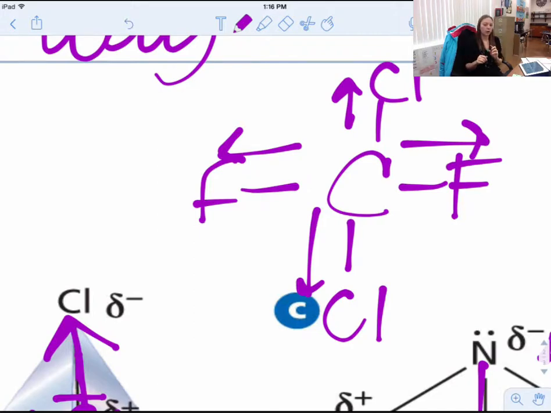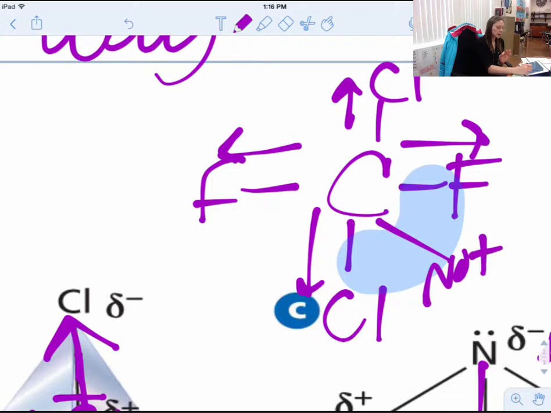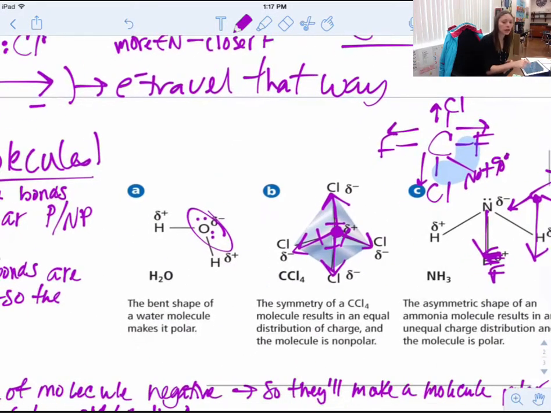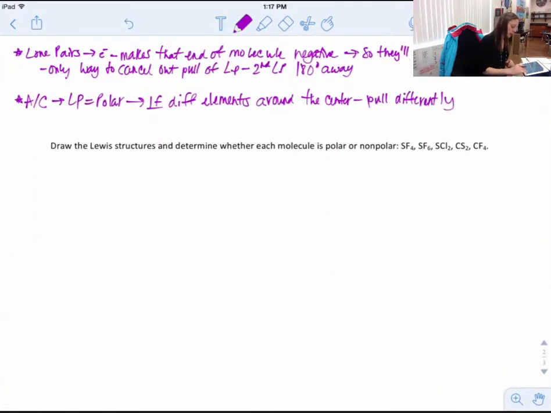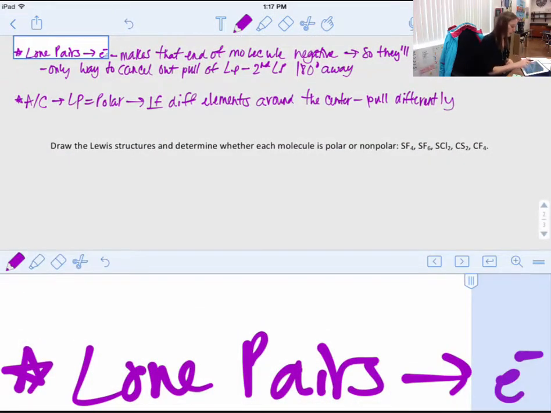That's not how that works, because you have to remember that this angle right here is not 90 degrees. Since it is not 90 degrees, it does not cancel. You have to have every single element around there being the exact same to cancel those poles out to be nonpolar, which is why I mentioned earlier that it's way more likely to be polar than it is to be nonpolar.